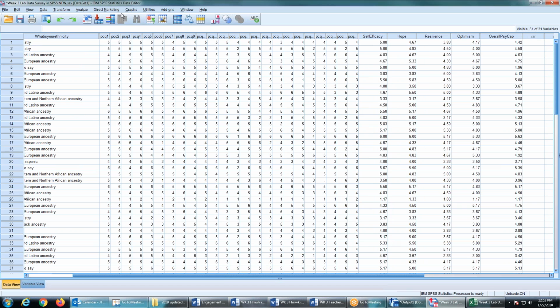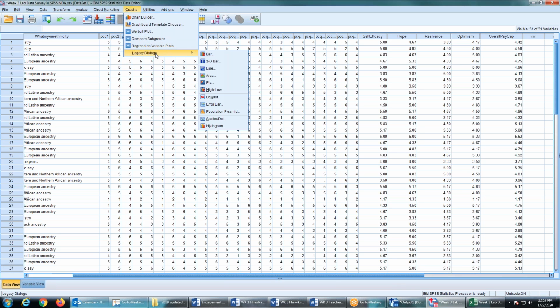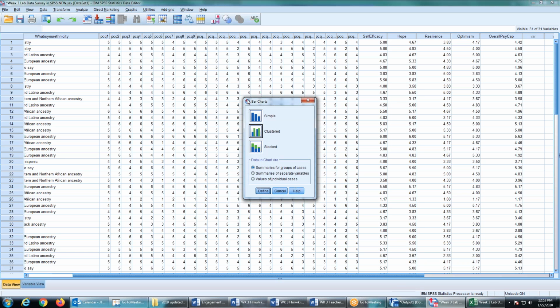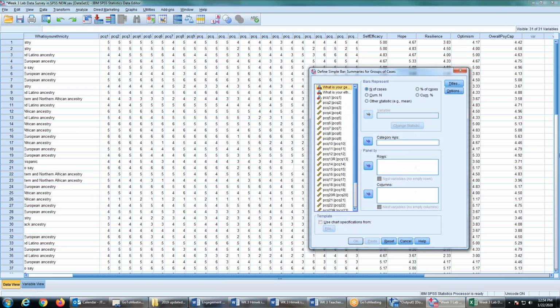Now, if I want to show, actually, I'm sorry, I only need to do these 4. So if I want to do, I would go graphs, legacy dialog, bar, simple, and then other statistic mean.